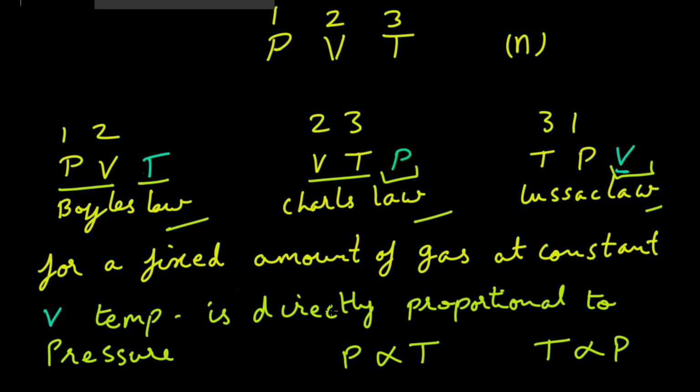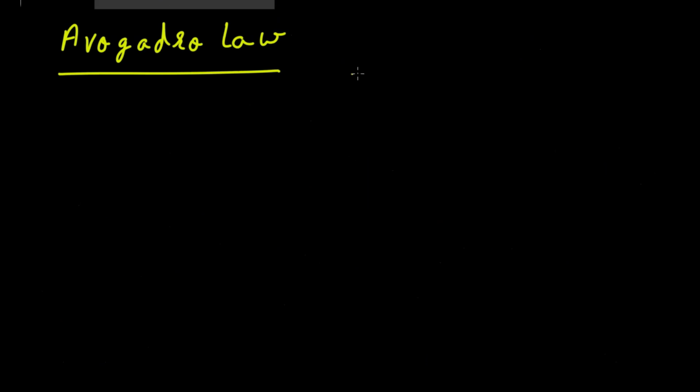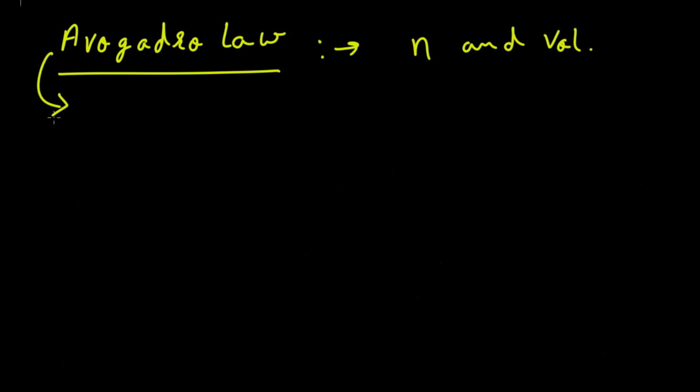Now we will talk about Avogadro's law. Avogadro's law is the relation between number of moles and volume. Now, if you try to remember, Avogadro is very famous for 6.022 × 10^23.